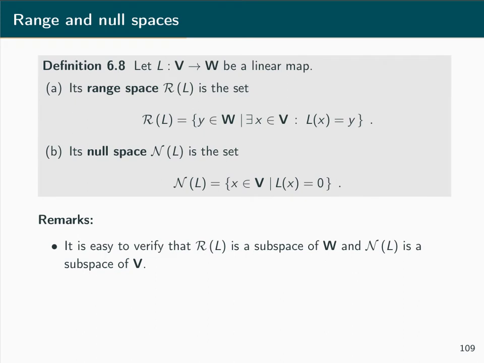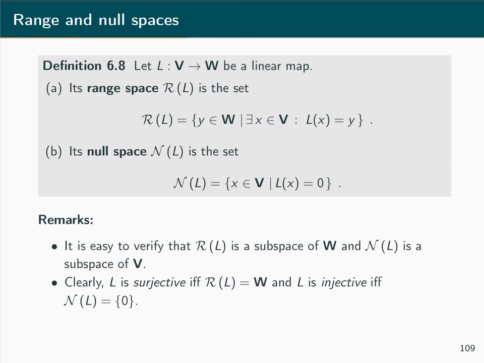Now, for a few more remarks about definition 6.8, it is easy to verify that the range space is indeed a subspace of the codomain, and the null space is a subspace of the domain of the linear operator L. So this is left as an exercise.